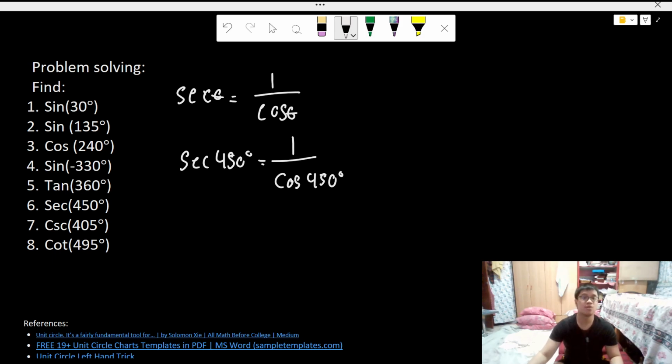So what is cosine 450 degrees? You see this one, it's beyond 360 degrees. So what are you going to do? Find the coterminal angle of 450 degrees within the range of 0 degrees to 360 degrees.